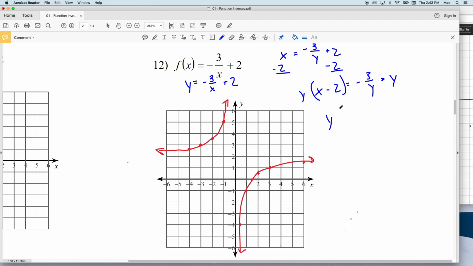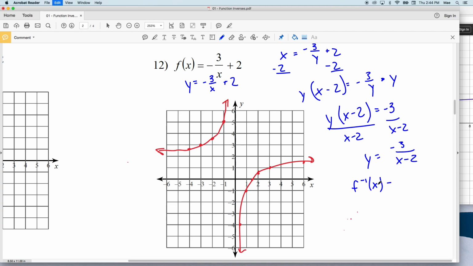So I'll have y times x minus 2 equal to negative 3. And then lastly, I'll divide by x minus 2 because I want to isolate that y. So y equals negative 3 over x minus 2. Now in function notation, that's the inverse function of f of x equals negative 3 over x minus 2.